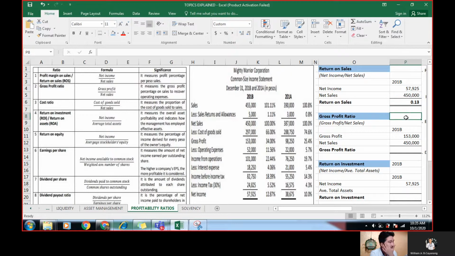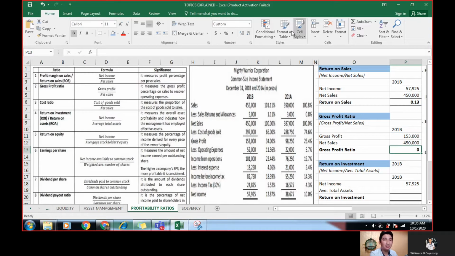So, ayan. Next, gross profit ratio. So, we have already our net sales. Ang gross profit natin, makikita natin after deducting your cost of goods sold. Ito, net sales minus cost of goods sold. Ito, 153,000. Tingnan natin kung ano yung percentage yung gross profit natin. Divide lang natin 153 divided by 450,000 pesos.